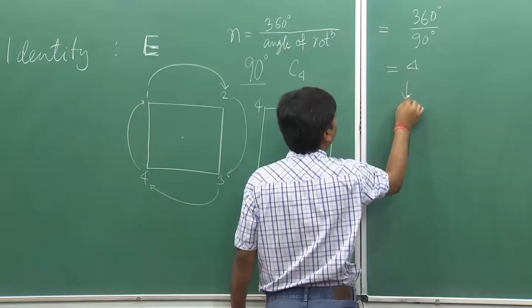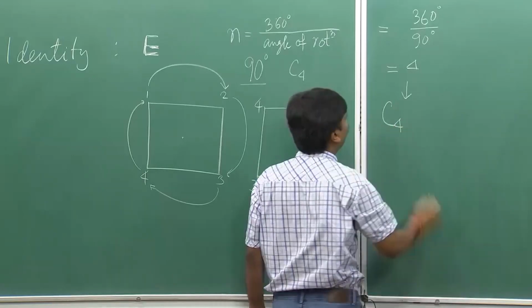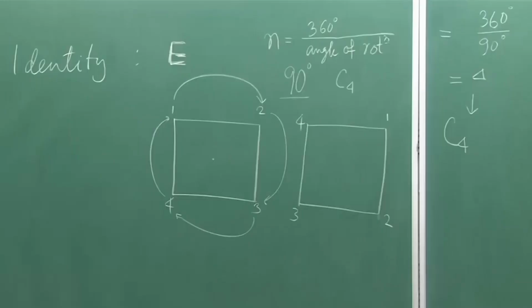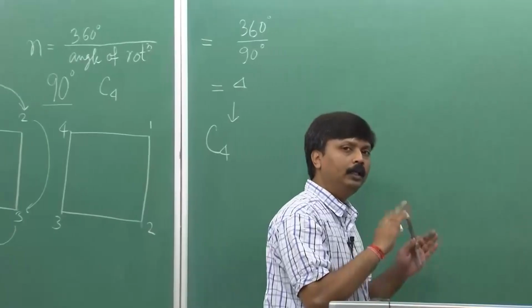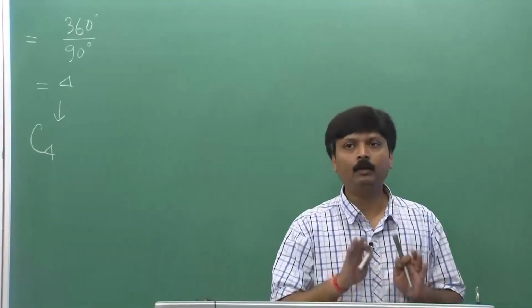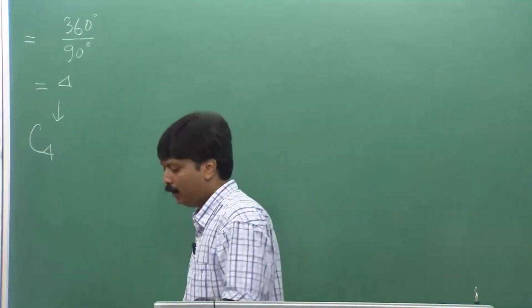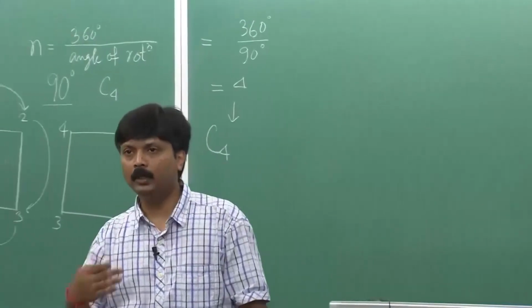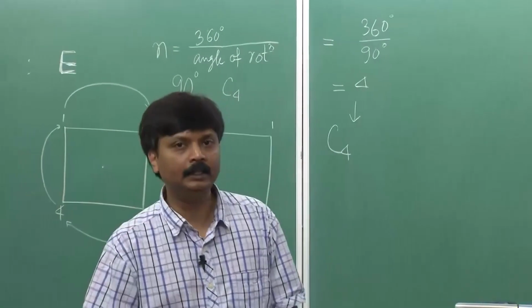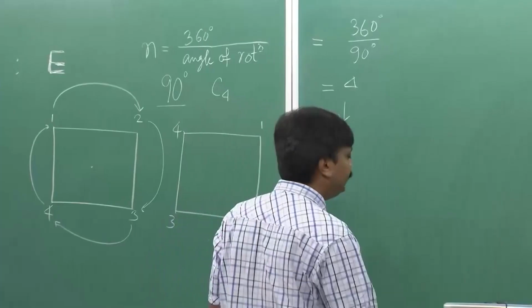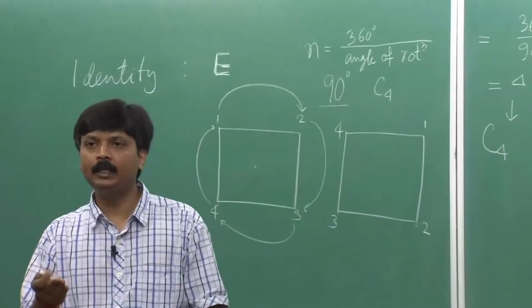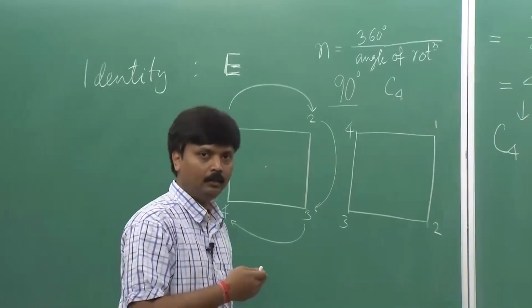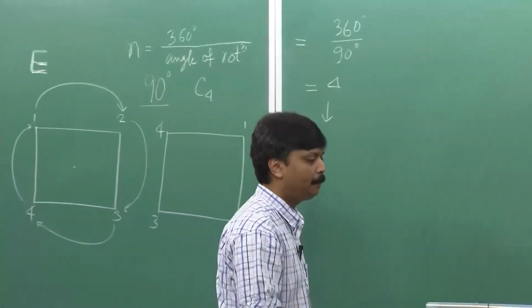So I have an axis C4. So in that way, if I have a rotation of 60 degrees, 30 degrees, I can find out the order of rotation and the name of the particular rotational symmetry, that is C10, C8, C6, whatever. Okay. For a 60 degree rotation, for example, it will be C6 because 360 degrees by 60 degrees, right. So it will be C6.